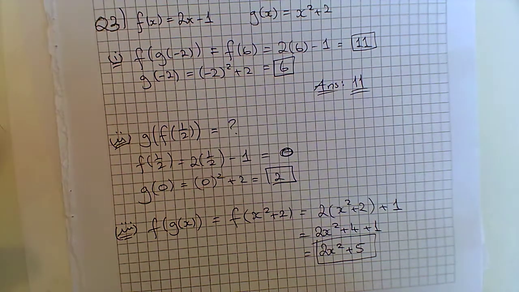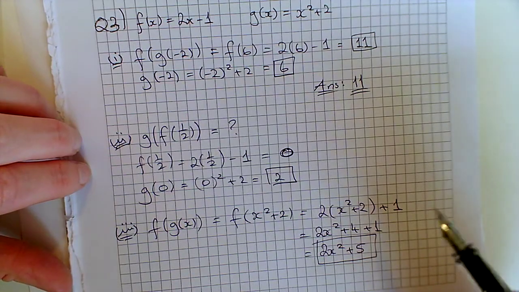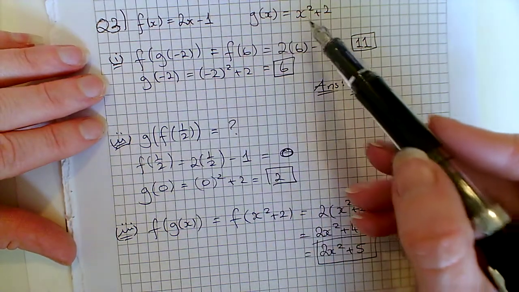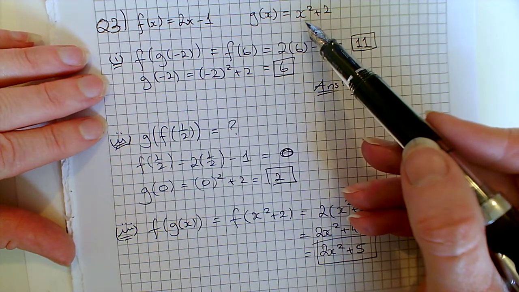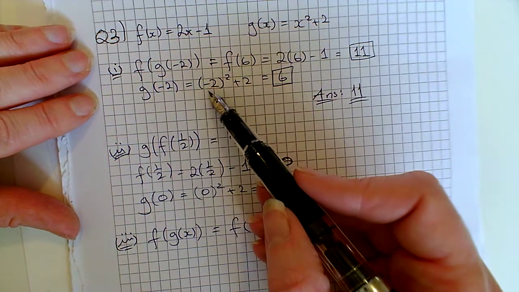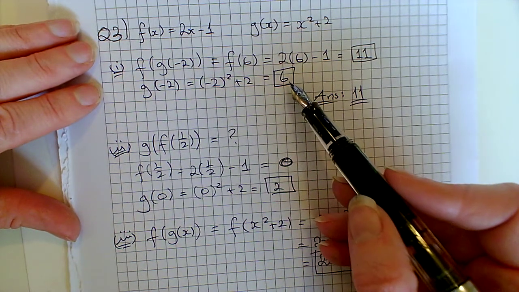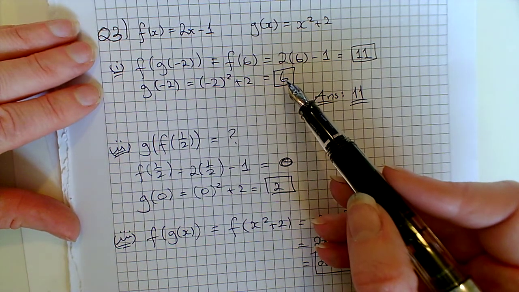I'm just going to double check these now. So g of minus 2 was 4 plus 2, which is 6. Yeah, that's correct.